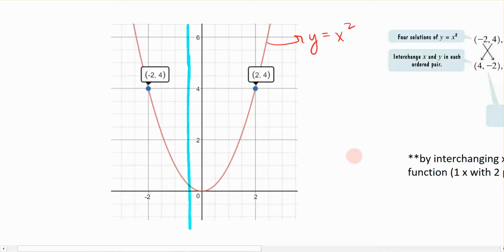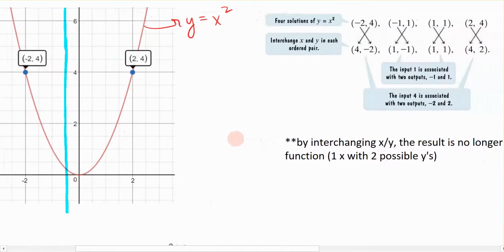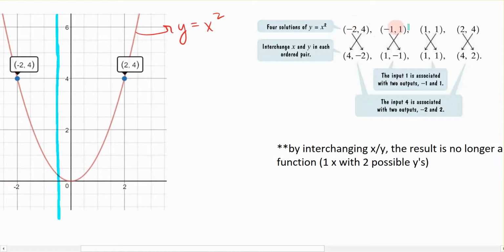So if I have a function that is one-to-one, let's go look at these points. These 4 points are points that would be on the function that I have over here. You can see that we have a -2, 4, and a +2, 4. We're going to learn that if I have a one-to-one function, all I do is replace the x's and the y's.